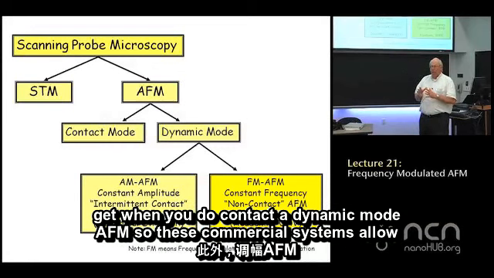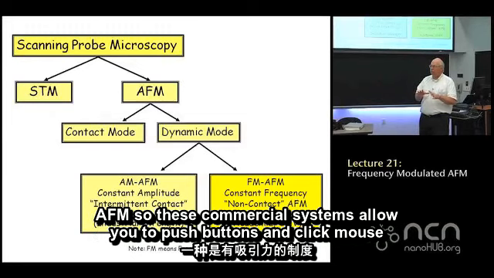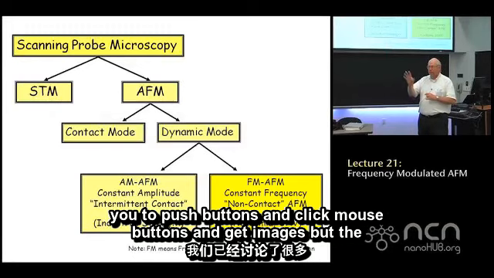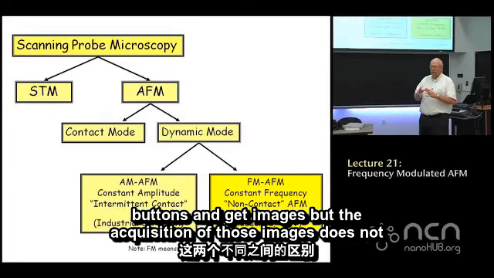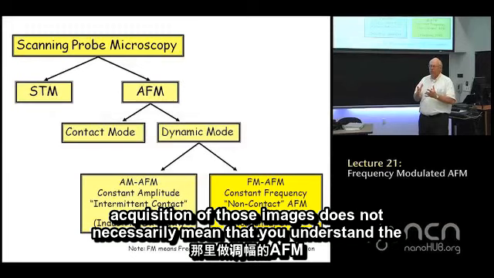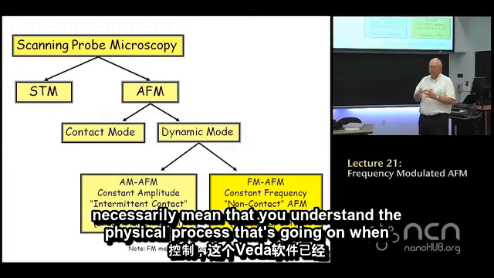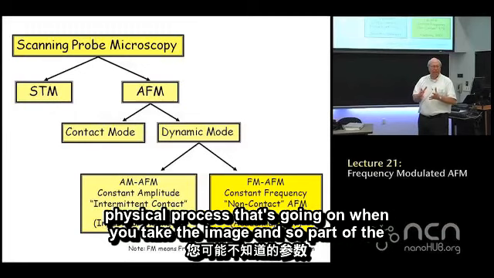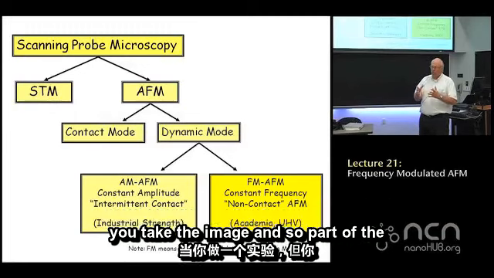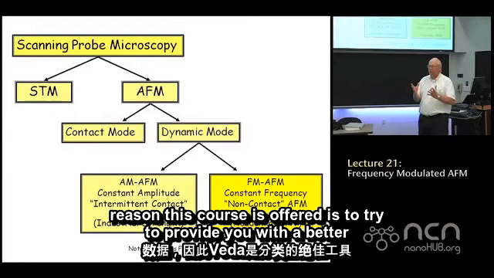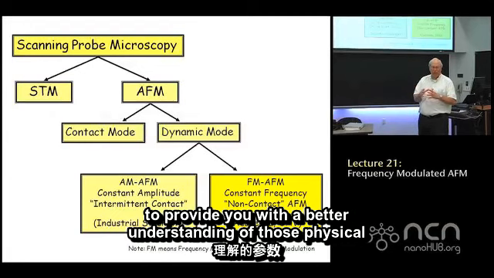So these commercial systems allow you to push buttons and click mouse buttons and get images, but the acquisition of those images does not necessarily mean that you understand the physical process that's going on when you take the image. And so part of the reason this course is offered is to try to provide you with a better understanding of those physical processes.